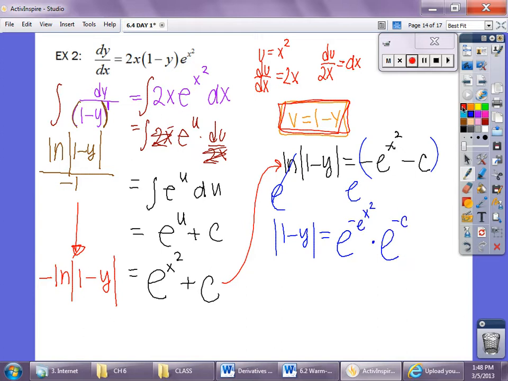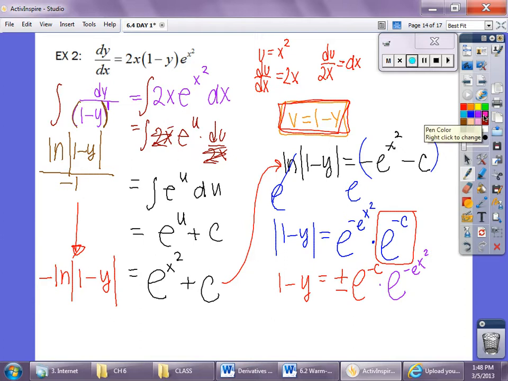To get rid of the absolute value, I'm going to need a plus or minus. When I do that, I'm going to bring the constant term forward and then multiply by the variable term. And then I'm going to replace this whole guy with an A.